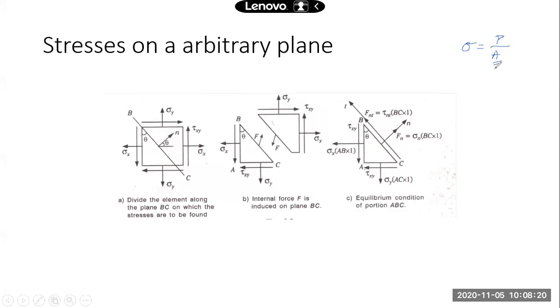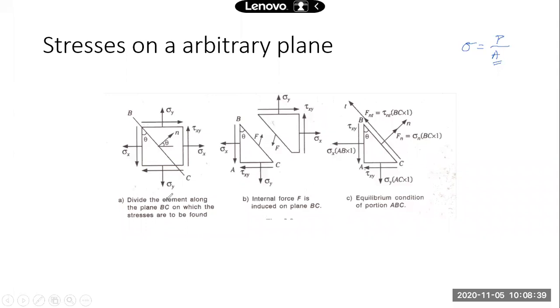This area may not be the one on which maximum stresses develop. It may not be the weakest area. So we need to identify which plane is carrying maximum stresses, and its orientation. That is what we are going to analyze.